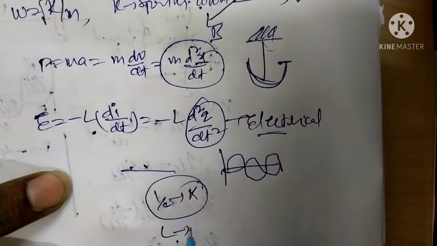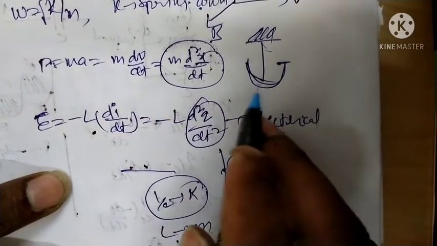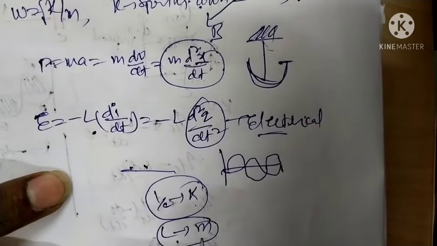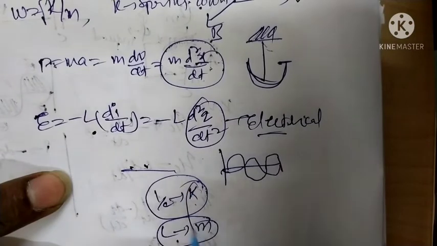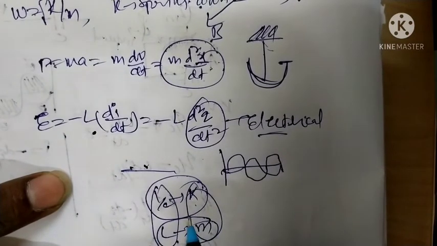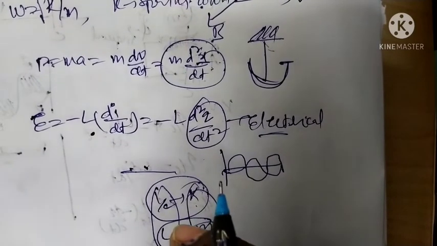L is analogous to M, the mass of the pendulum. So the inductor is analogous to the mass of the pendulum. These are the mechanical cases, and these are the electrical cases. These are some of the analogies between the mechanical and electrical.